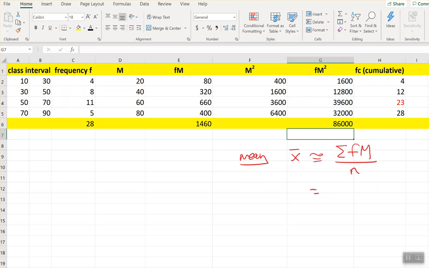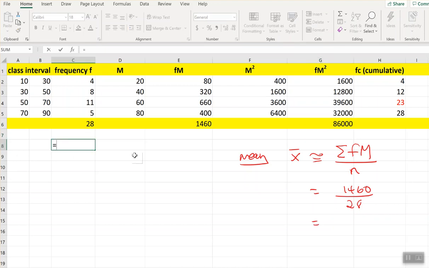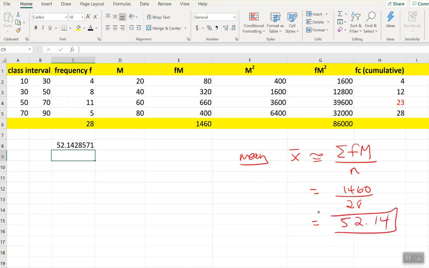So in this case, the sum of fm is 1460, divided by n, which is 28. So I'm just going to do it over here: 1460 divided by 28, and that's 52.14. And that's the approximate mean. All right.